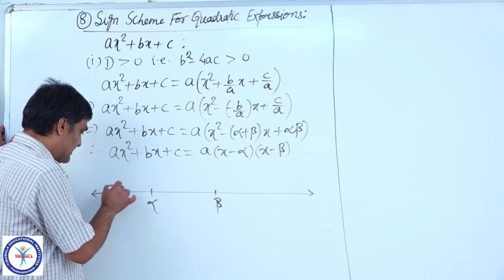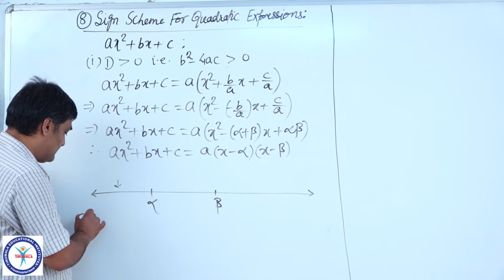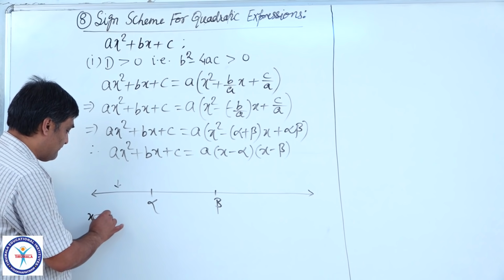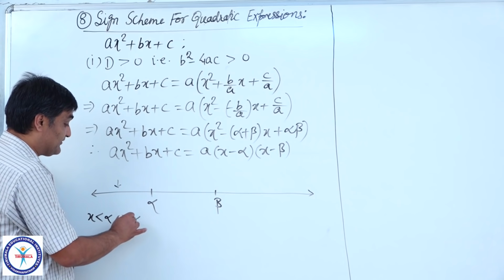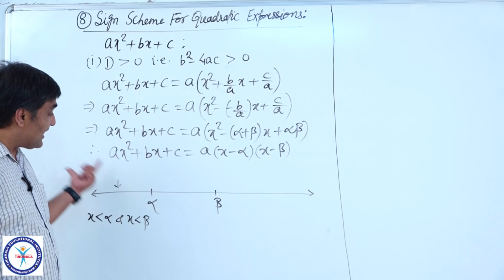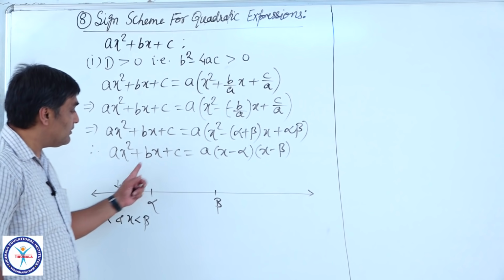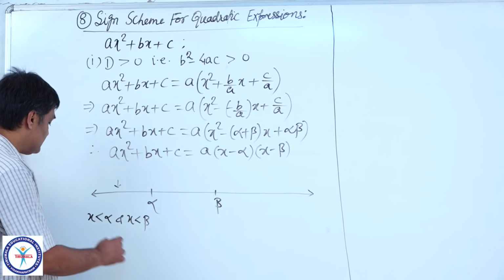Suppose x is here, means what? X is less than alpha and also x is less than beta if x is in this part. X can have any real value, so these three parts are available for x.